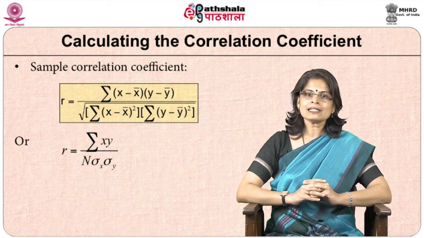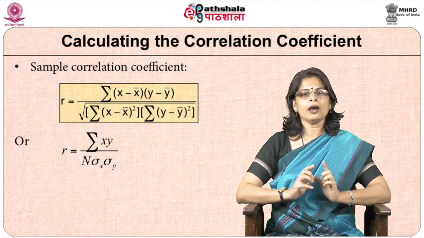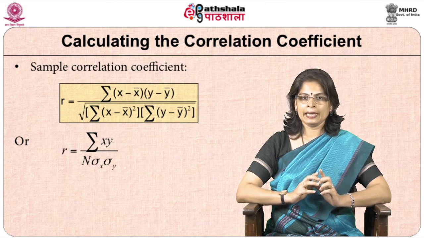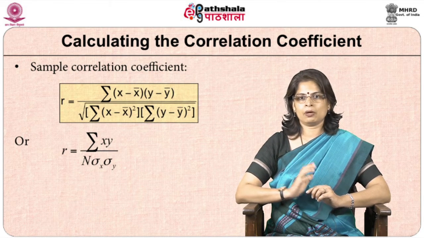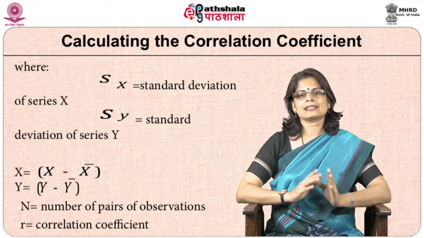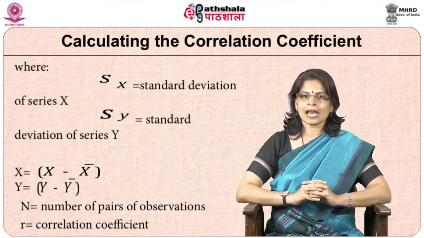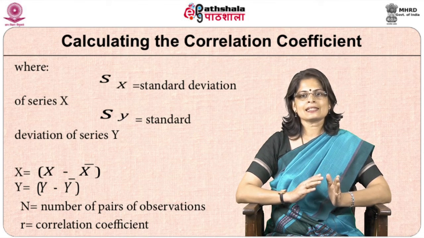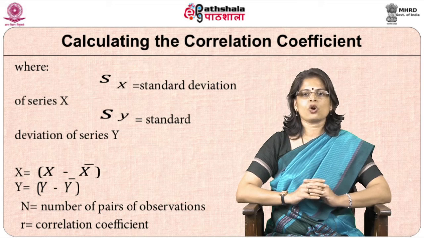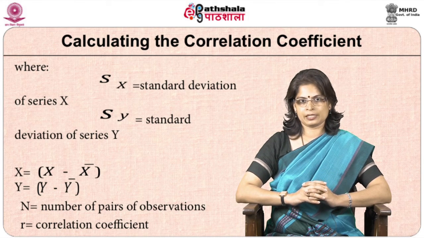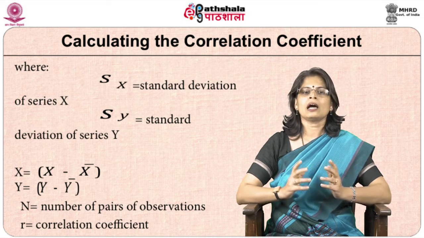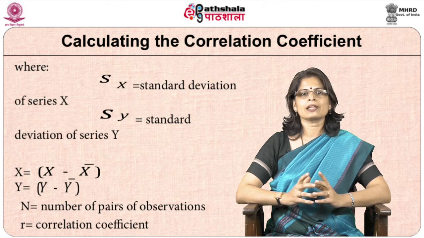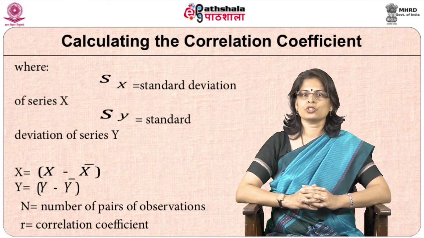This can be further simplified as R equal to summation xy upon n into sigma x and sigma y, where sigma x and sigma y are the corresponding standard deviations for the series x and y respectively, and x and y are the differences of the values from their respective means. N, as we all know, is the number of observations in your data. Please refer to the quadrant 1 for an example on Pearson's correlation coefficient.